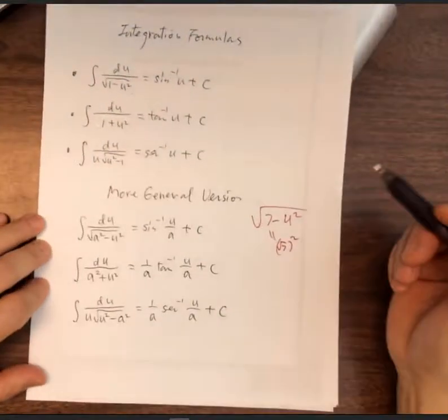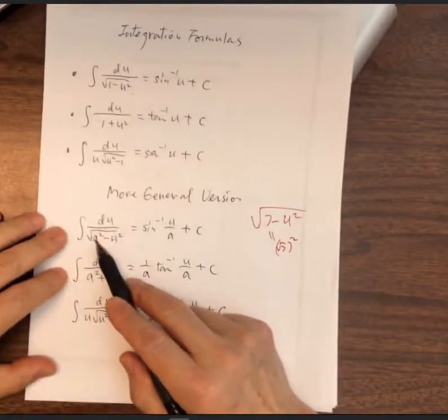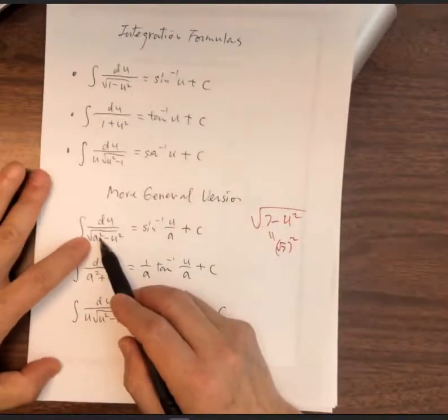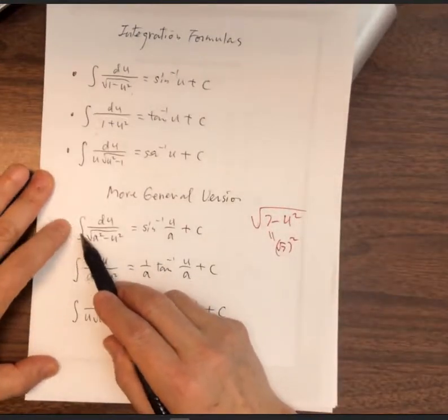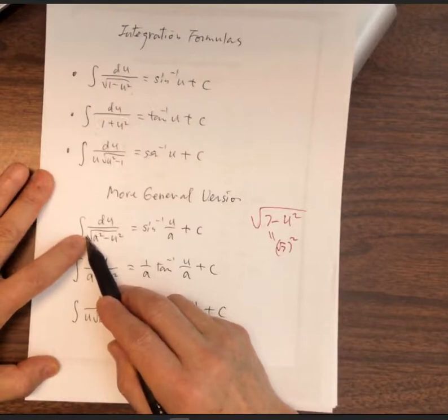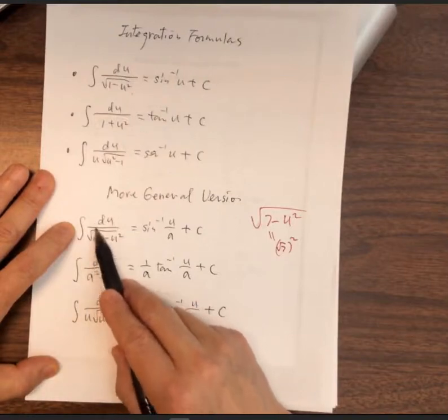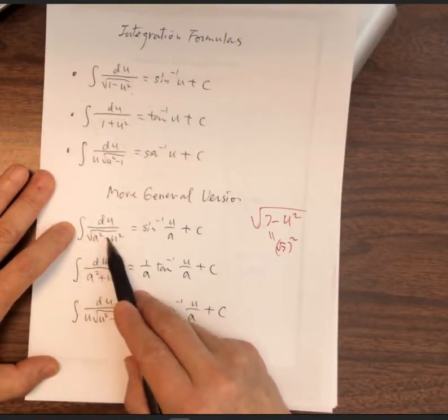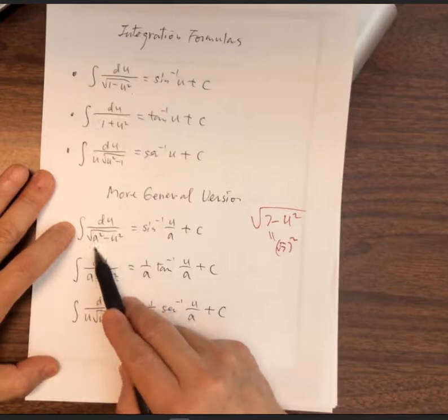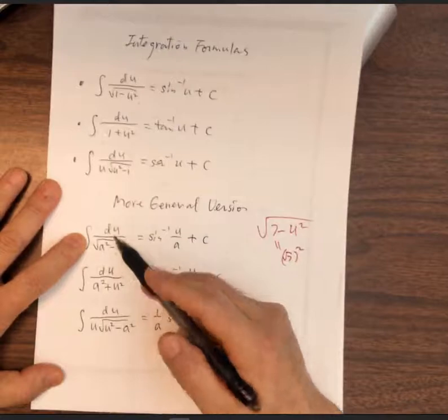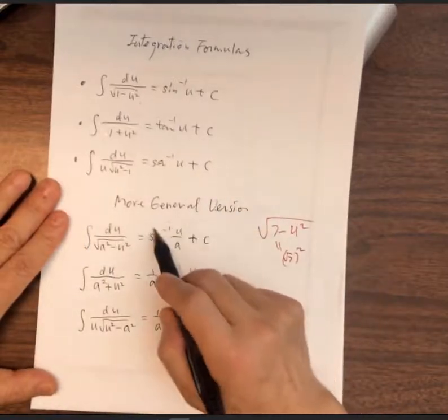Now what happens is, if you have a squared minus u squared, you can do algebra. You can factor out the a squared and then take it all the way out to the front of a square root or even the integral sign. You would end up with 1 minus u squared over a squared. So you would have your 1 here, like the 1 there. With a simple substitution, you figure that it would be this.